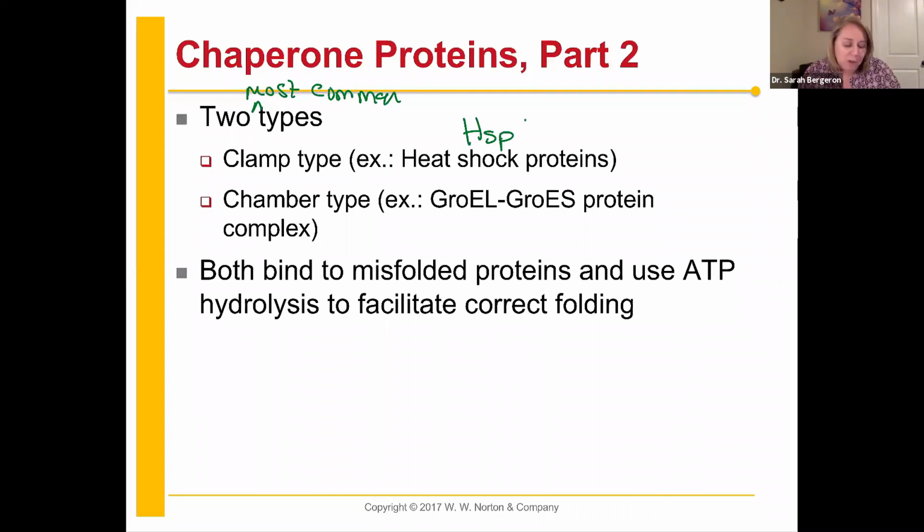Cells can undergo cellular stress of high temperature, and if that happens, most of the proteins are going to denature. These heat shock chaperone proteins provide a way for the cell to recover from high temperature extremes by refolding the proteins when the temperature returns to normal. So it can kind of wait it out.